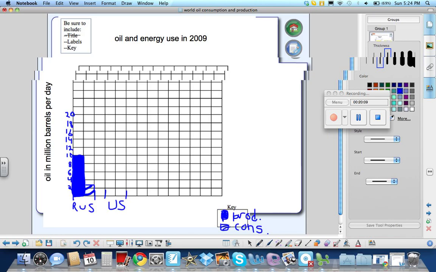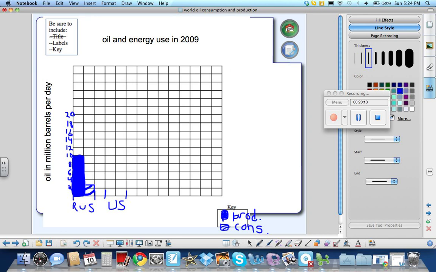We're going to start with the production, and again it's 9.1, which is very close to 10, but not as close as Russia. Notice again, because this is the production, we're going to highlight it or shade it all in. We're pretty close.